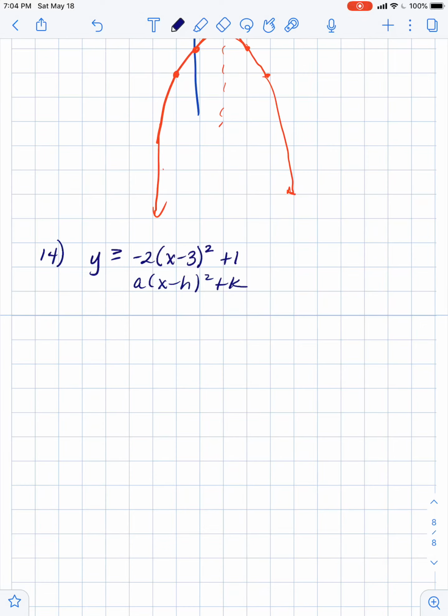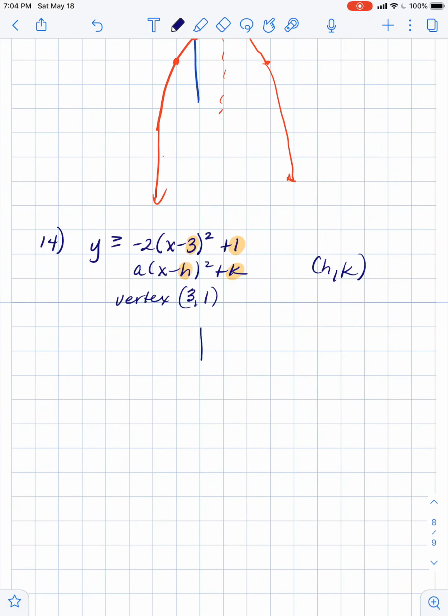Your vertex here is what we call our h, k value. In that case, your h is this value, not the negative in front of it, just that value. So in this case, it would be 3 and 1. So my vertex is 3, 1.